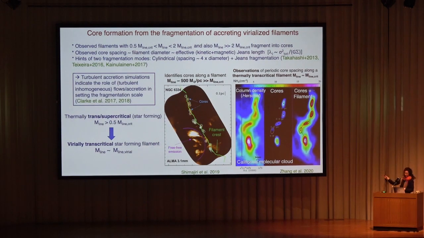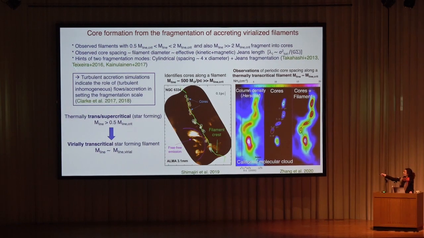Here you can see some examples of the observations. The observed core spacing is not equal to 4 times the diameter, but is closer to the filament diameter, which is also equal to the virial Jeans length.